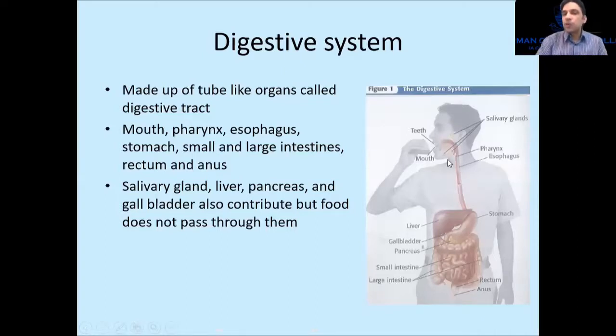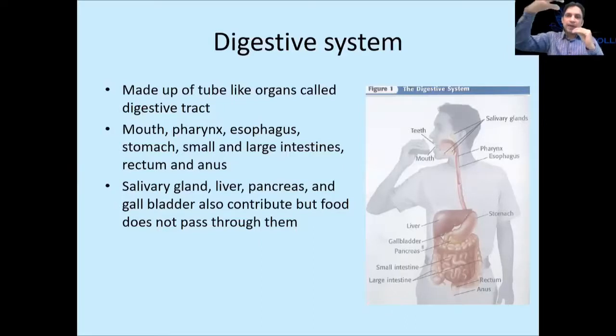You need to remember one thing. There is a lid present on the opening of the trachea. So the tract which is entering into the lungs has a lid on it. That lid is called epiglottis.